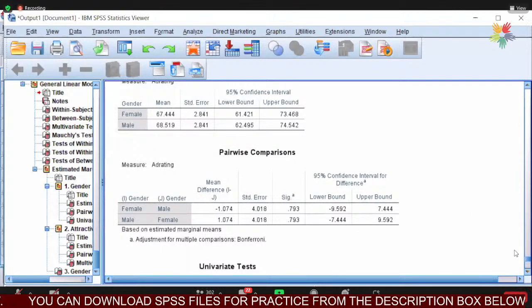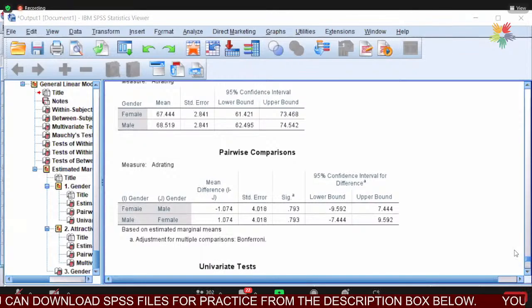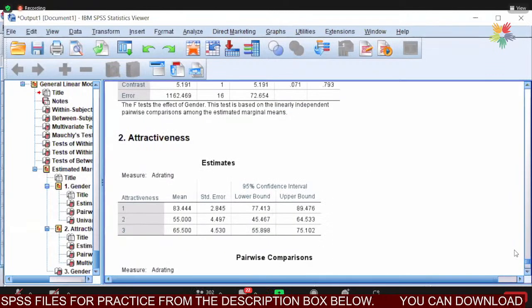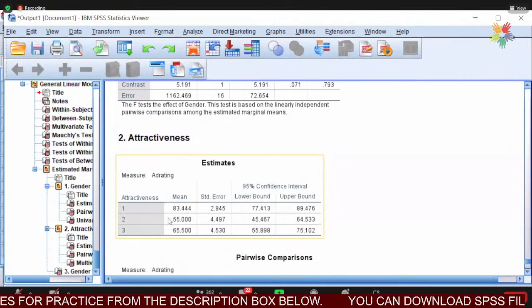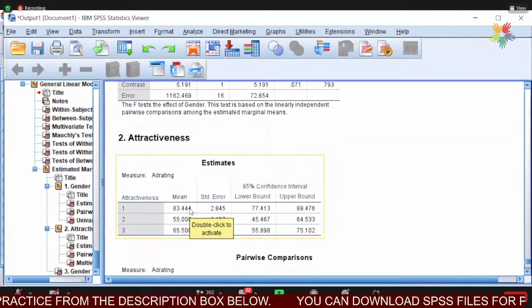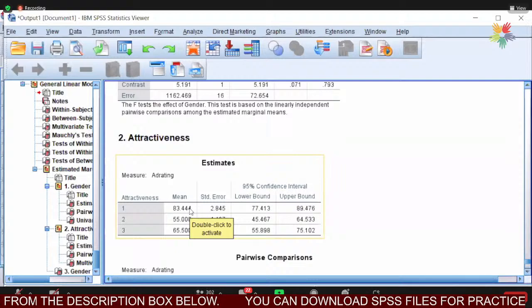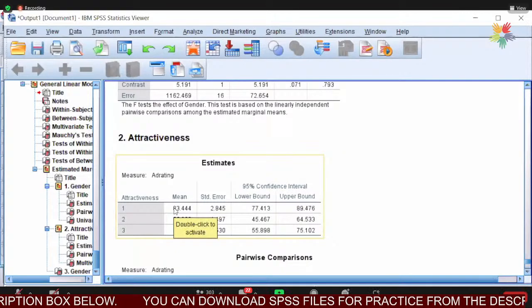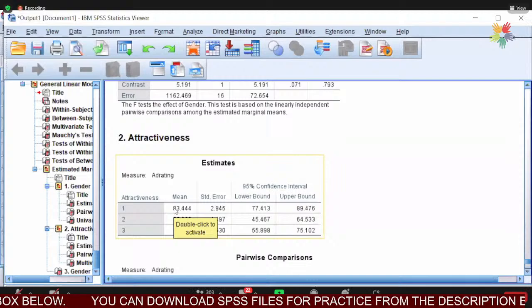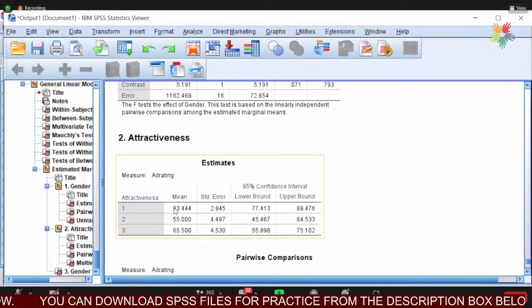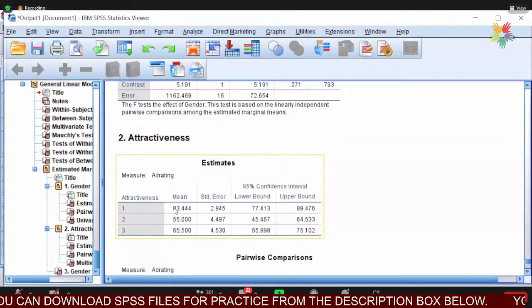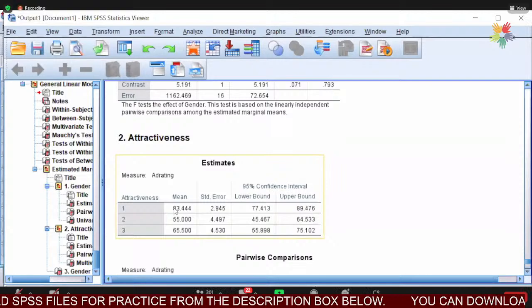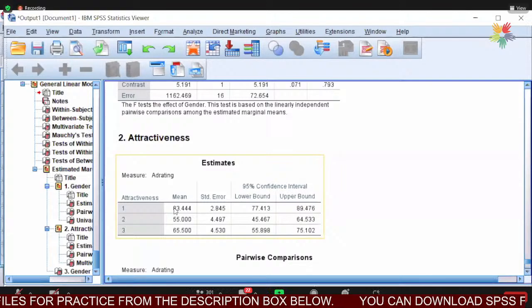Okay, so now we look at the attractiveness. First advertisement, 83. What is that advertisement? The family car, right? So for that advertisement, male and female all together, the overall mean is 83 out of 100.